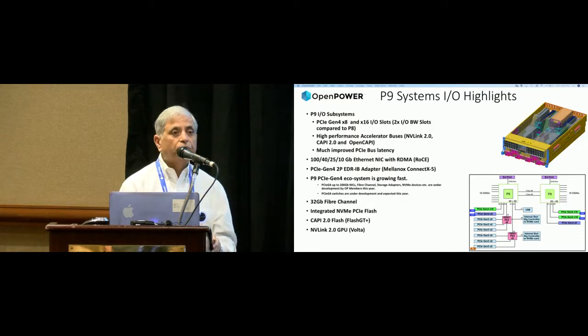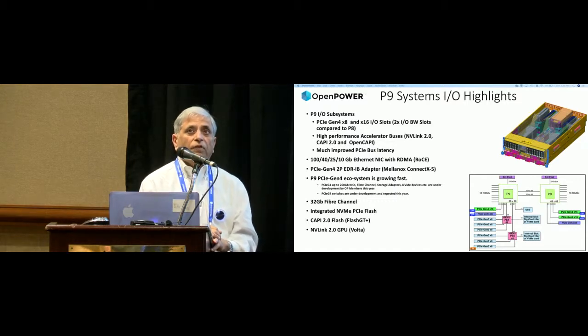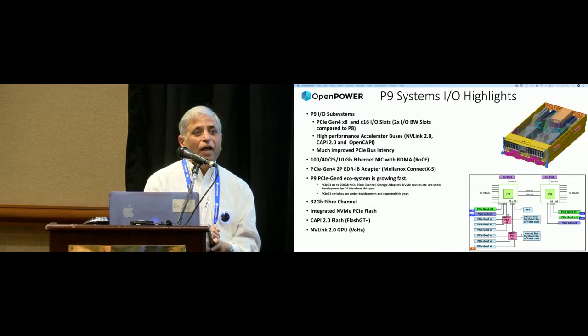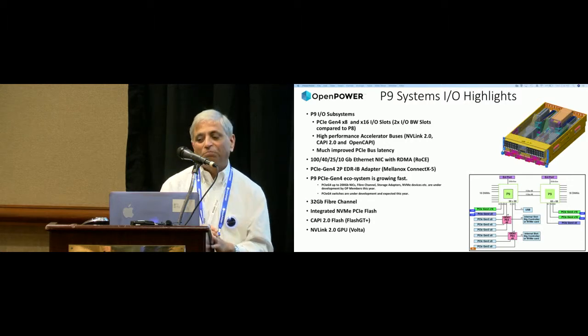But is it retrofittable to the AC922? Is it a microcode update, or how will that happen? That's a good question. Let me get back to you on that. It's something in Power 9, I think it should be possible, but there may be some limitations, so I want to check on that. Okay.